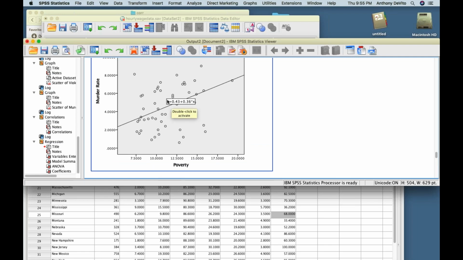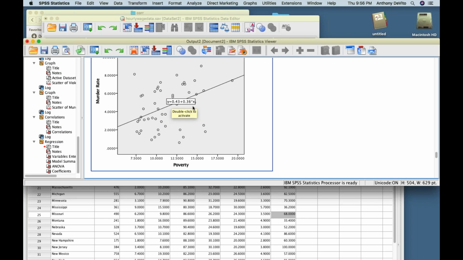Y represents our murder rate is equal to 0.43 plus 0.36, I think it was 2, times our X, our rate of poverty. So we can use this line, this formula, to describe the influence that the poverty rate has on the murder rate.